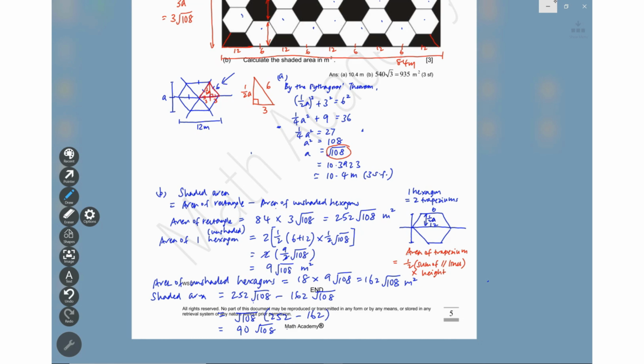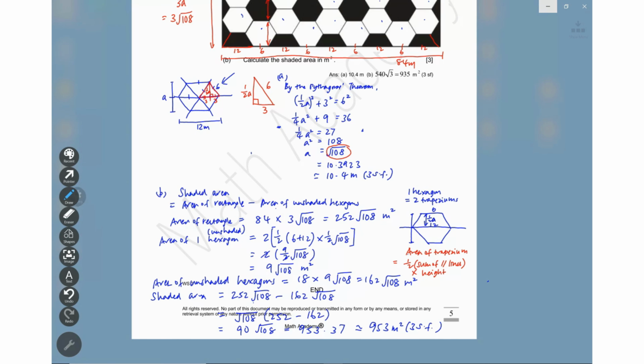Then you can press your calculator. Round it up, you will get 935 square meters in 3SF.